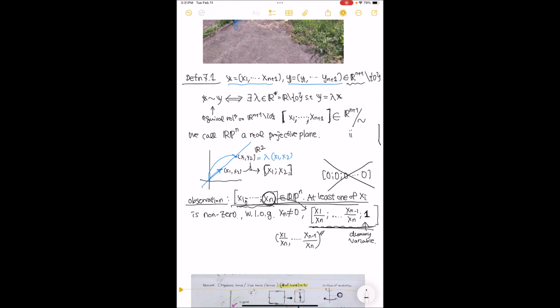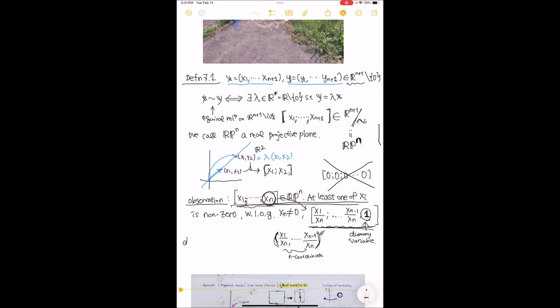In fact, to discuss this relation, we must discuss the topology, the Zariski topology structure, and so on. So complicated. The important point is that we can regard one coordinate as a dummy. Then there are n coordinates in total, so this is the reason why the equivalence relation gives RP^n instead of RP^{n+1}.